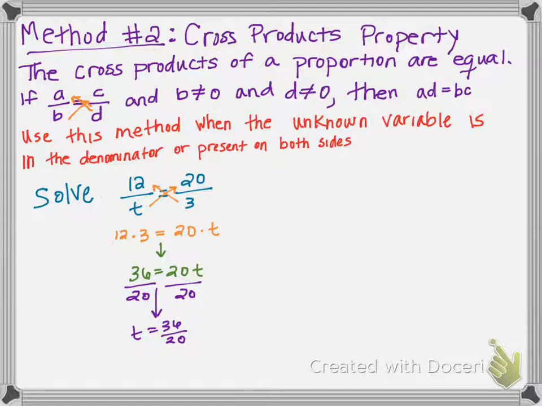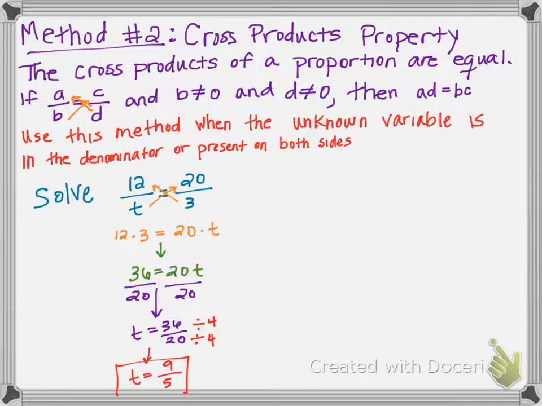For sure 36 and 20 are divisible by 2 because they're both even. But even more than that, they're divisible by 4. 36 divided by 4 is 9, and 20 divided by 4 is 5. So my simplified or reduced answer is t equals 9/5, or 9 over 5.